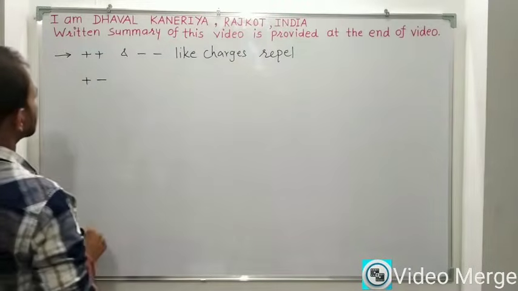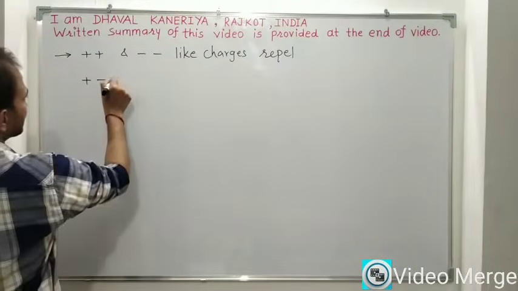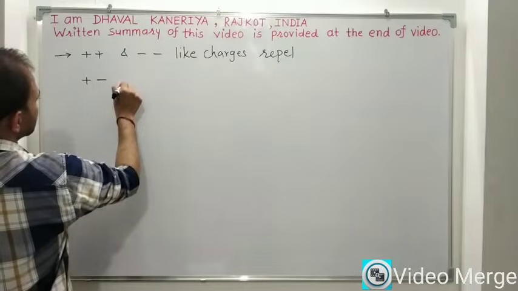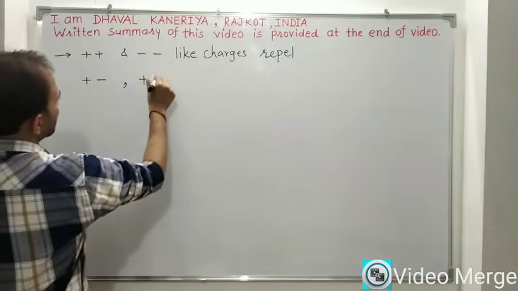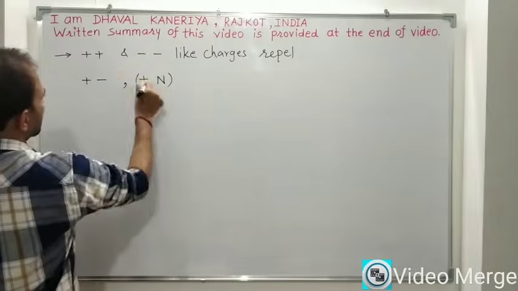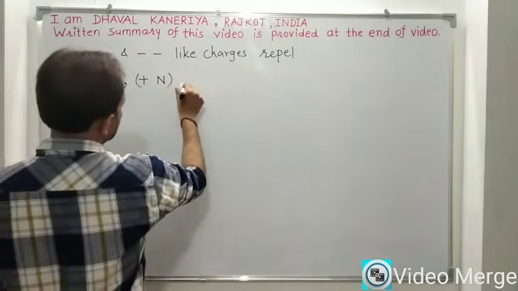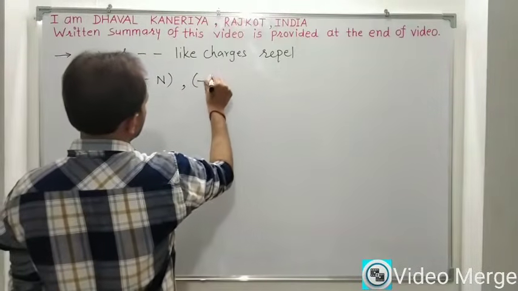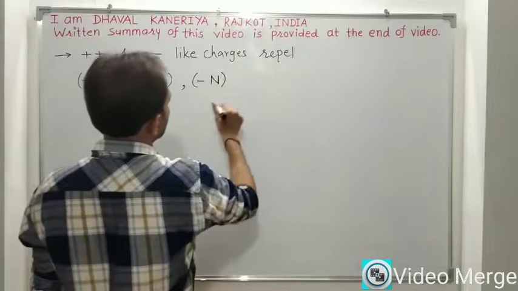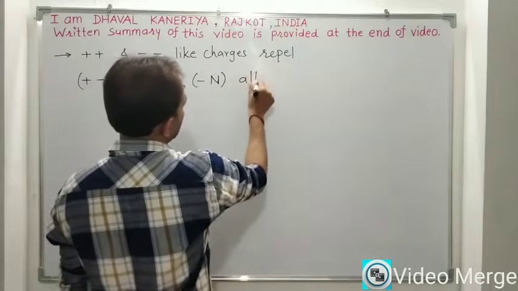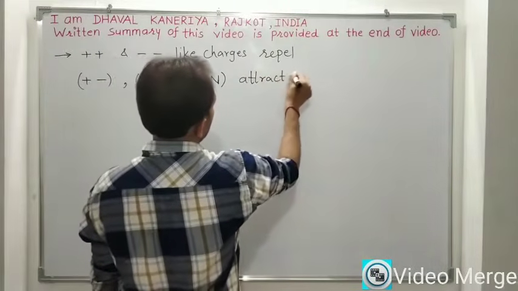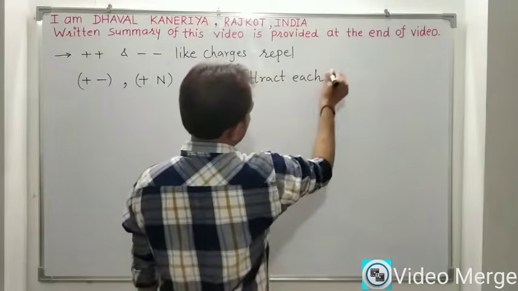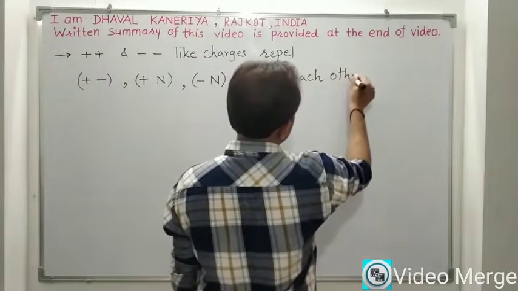Plus minus, unlike, comma, plus and neutral, minus and neutral attract each other.